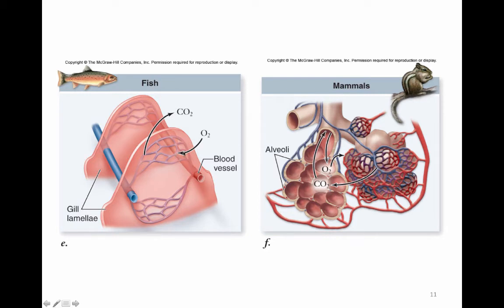And so each red blood cell is in very, very close proximity to this water that's flowing in between these gill lamellae. So this is how the diffusion distance is minimized. All it has to go through is just a couple of cell layers to exchange material with that blood.